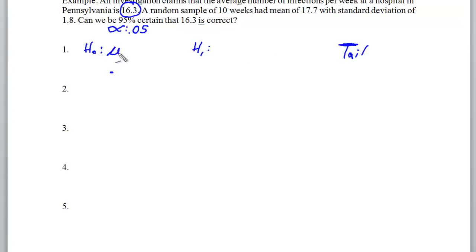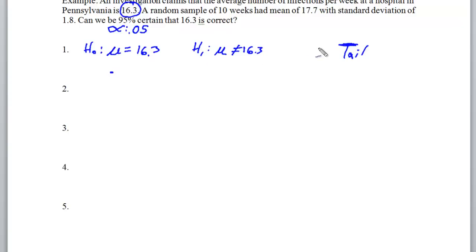The null hypothesis is that the average is 16.3, and the alternative hypothesis is going to be that mu is not equal to 16.3. That's from the last sentence: can we be sure that 16.3 is correct? So our alternative hypothesis is that it's not.